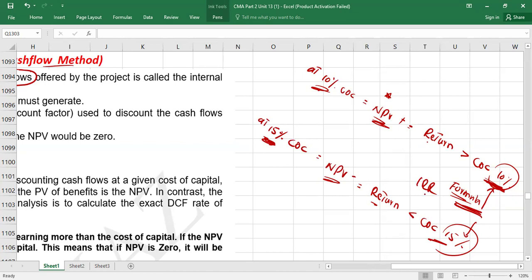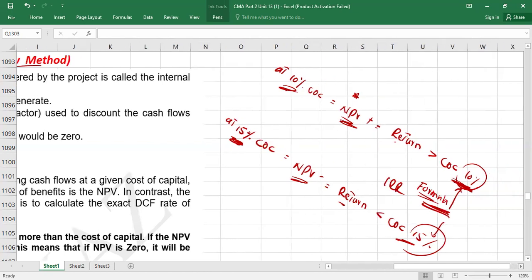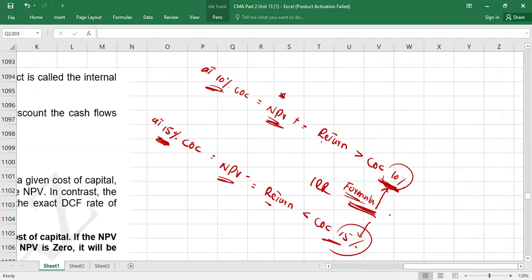Now usually we can also say IRR this way. For example, let's assume my IRR is 12.5%. Please try to understand. First, what I said, because these statements are important, the whole IRR concept is based on this. Whenever NPV is positive, it means return is greater than cost of capital, for example, greater than 10%.